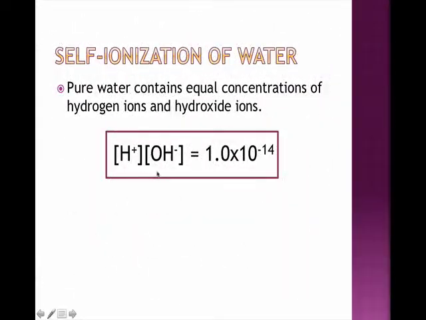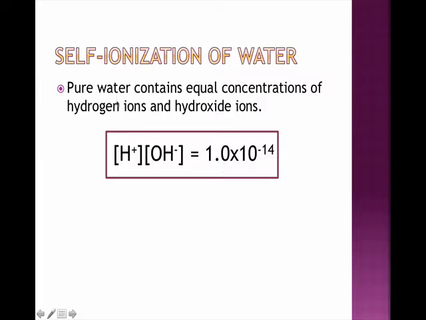Pure water contains equal concentrations of hydrogen ions and hydroxide ions. And from this, we were able to determine that solutions in general have concentrations of hydrogen ions and hydroxide ions. And if we multiply those, we always get 1 times 10 to the negative 14th.